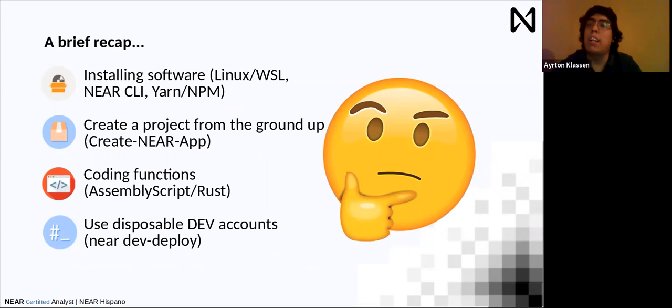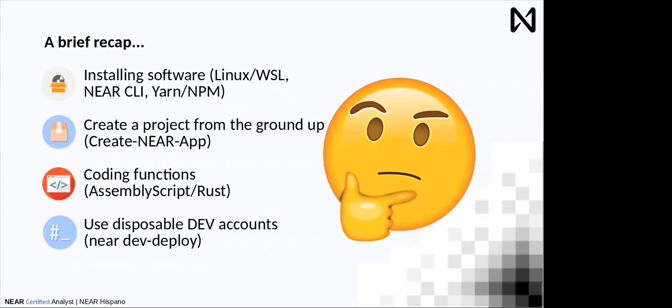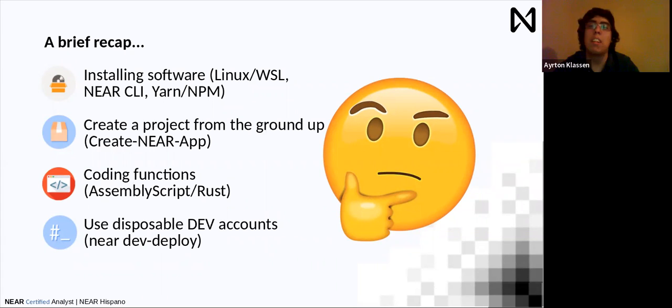So we also learned how to do that. We then saw how to code some functions using AssemblyScript mainly. You can also use Rust. I haven't touched anything about Rust in this course because I think it's a bit more advanced, but AssemblyScript is enough for you guys to get started with your project, right?